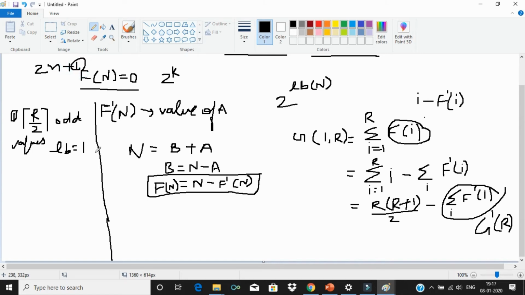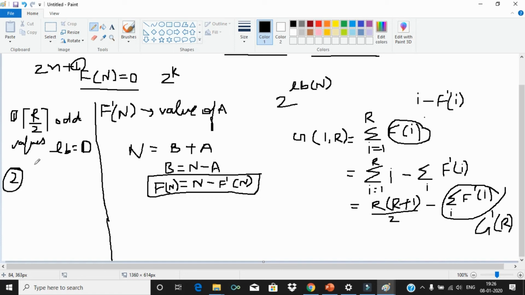So the least significant bit position is going to be 0, because this is 2 raised to the power 0, that is 1. So the value is 2 raised to the power LB of n, that is 1.